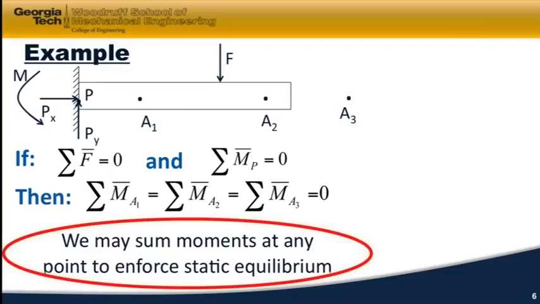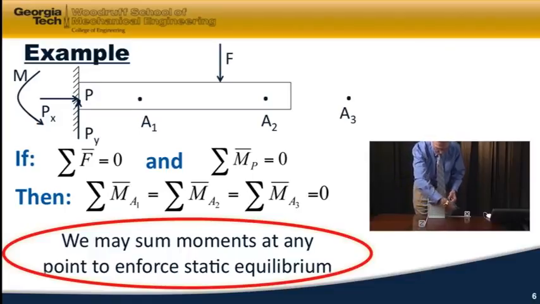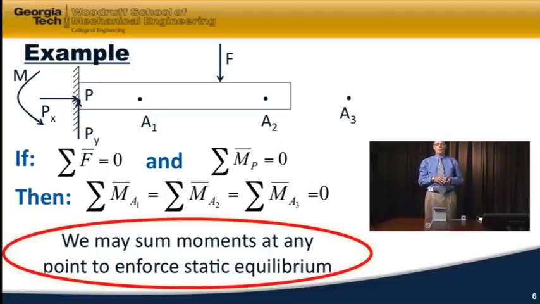So here's a picture of that. This picture is of a cantilever beam, and it's fixed on the left-hand side. We might have a point P where we've summed moments and it's equal to 0, but that means that the sum of the moments about any other point, maybe A1, A2, even off the body, has to be equal to 0. And so we may sum moments about any point to enforce static equilibrium.